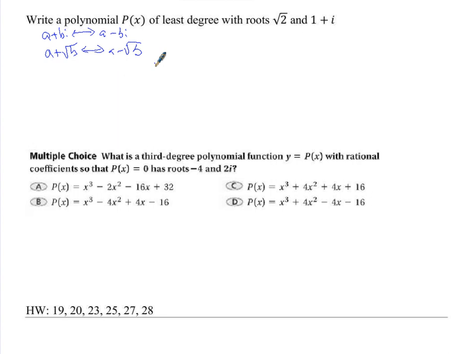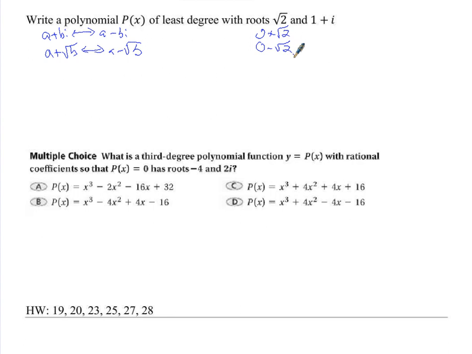The first thing we need to do is figure out what our roots are going to be. The root here is the square root of 2. You can think of that as 0 plus the square root of 2, which means that 0 minus the square root of 2 is also a root. Now I don't have to write 0 minus the square root of 2.